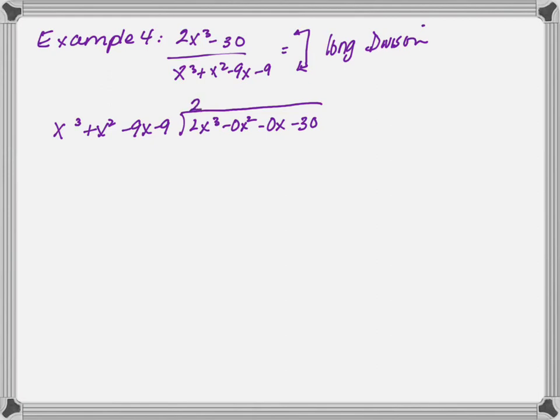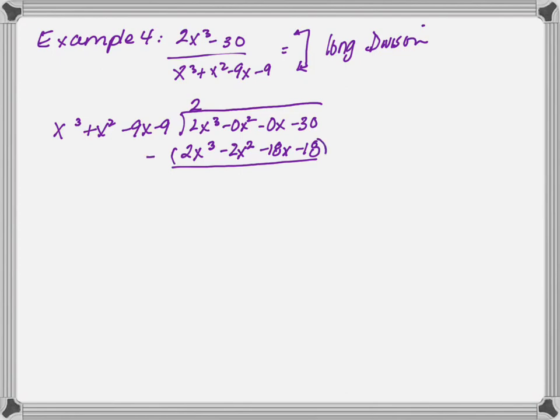So this would be a 2, and that gives me 2x cubed minus 2x squared minus 18x minus 18. Because this has all those terms, you have to include that, okay? So now we're going to subtract this whole thing.